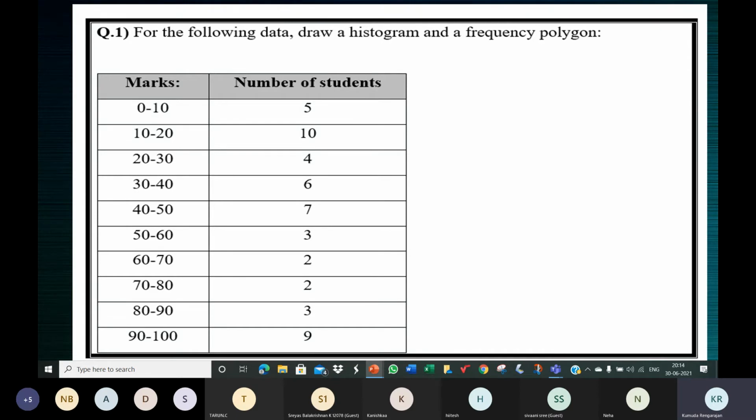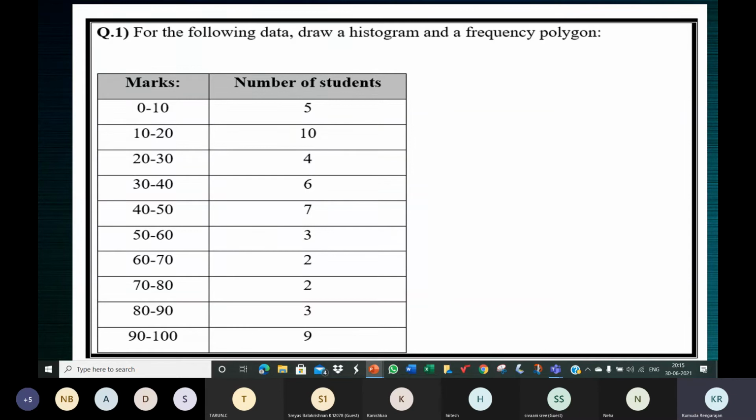Let's see how to make this. Now a frequency polygon can be put up using the histogram and without using the histogram. That will be mentioned in the question. If you're asked to prepare the frequency polygon with the help of the histogram, that's one type. Without the help of the histogram, that's another type. So a frequency polygon can be prepared in two ways.